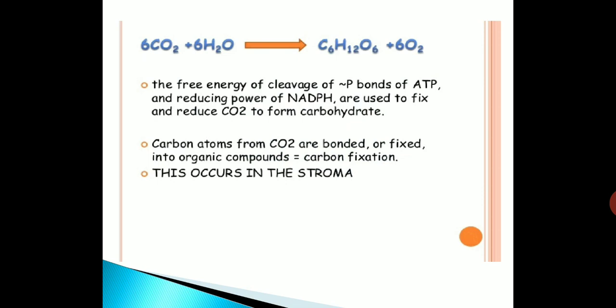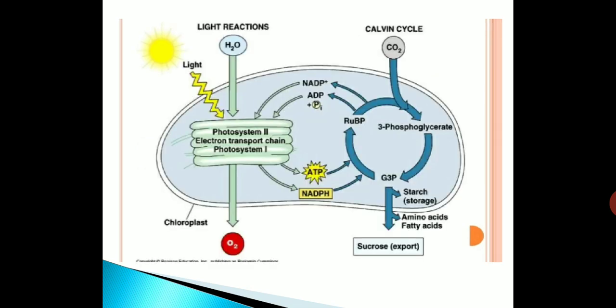Carbon atoms from CO2 are bonded or fixed into organic compounds, that is, it is called carbon fixation. This occurs in the stroma. Here is the diagrammatic representation of the dark reaction or the Calvin cycle.